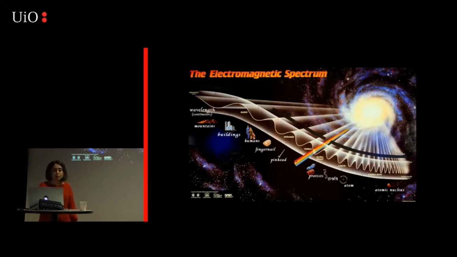This is the only part that human eyes are capable of seeing. But to look at other parts of the electromagnetic spectrum, we need to use either space-based or ground-based telescopes. But you may wonder why we need to look through the whole electromagnetic spectrum. I can give you an example.